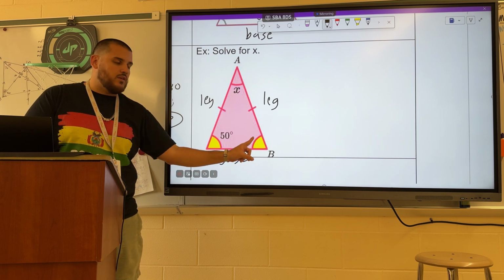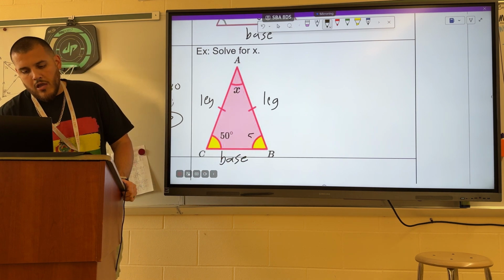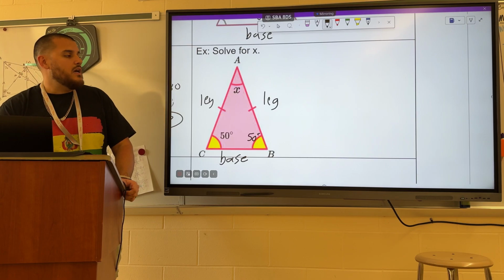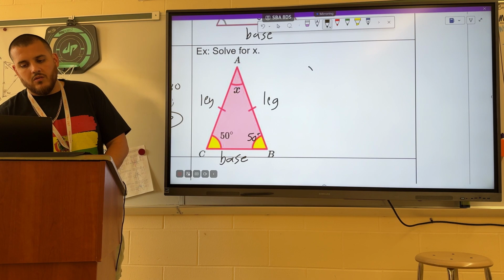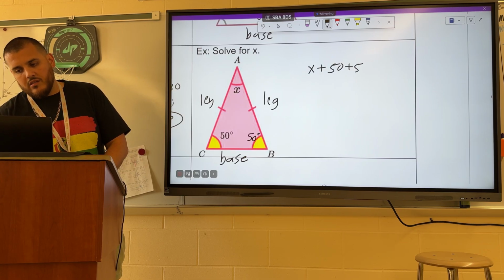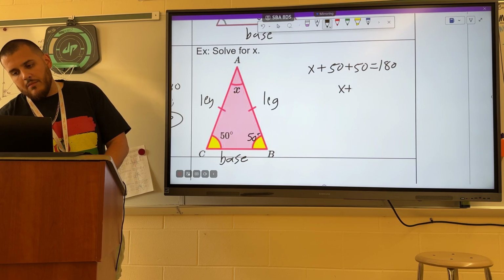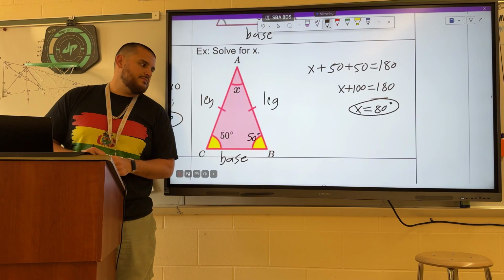Since this angle is 50 degrees, this angle is also 50 degrees. I can now find the value of that vertex angle with a triangle sum theorem. X plus my two 50s have to add up to 180 degrees. Those 50s combine to give me 100, and I can subtract that 100 from both sides to get 80 degrees for x.